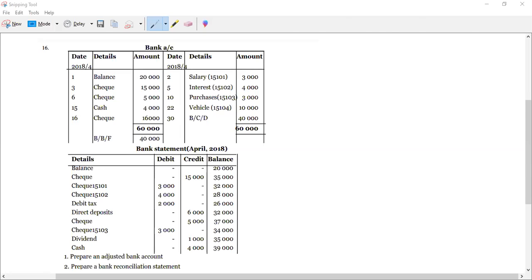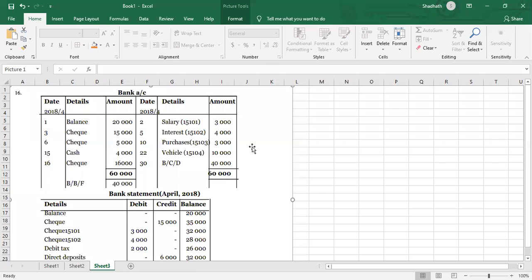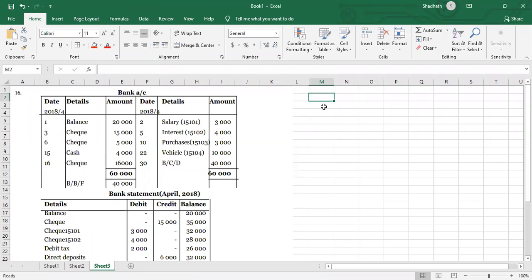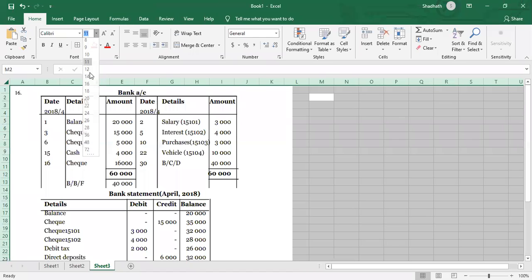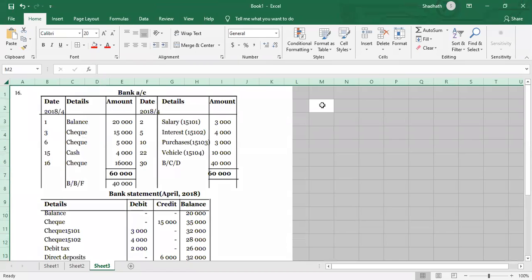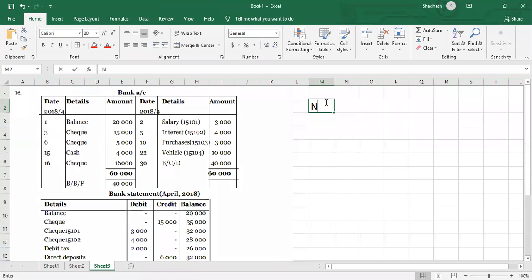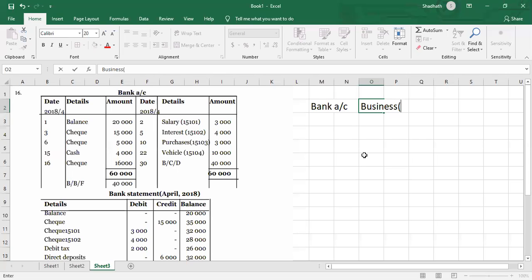So what do you have to know? Who prepares this bank account? A bank account is prepared by the business. It means we.